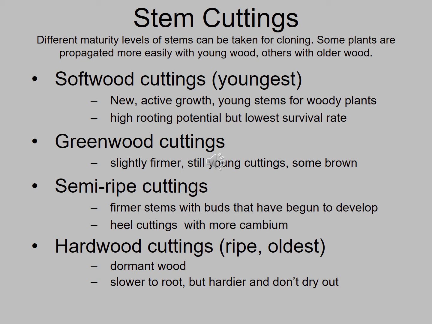Cuttings can be taken from really new tissue on a stem. Those are called softwood cuttings, like the new active green growth on stems, like the very tips of stems of woody plants. The younger tissue on a shrub or a tree that you're taking cutting from has a higher potential to form roots than older tissue, but it also has the lowest survival rate because it's young, it's not hardened up, it's still kind of vulnerable and green and juicy, and it dries up easily and rots easily.